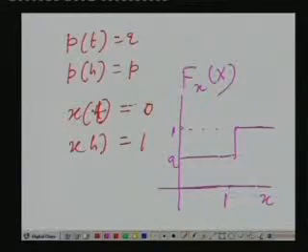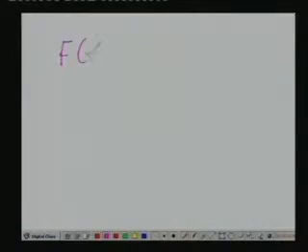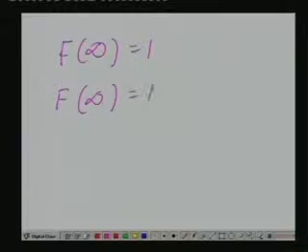This probability distribution function has got some very important properties. Let us examine those properties. Firstly, F(infinity) is equal to 1. Now, why is F(infinity) equal to 1? It is because F(infinity) means P(X less than or equal to infinity).